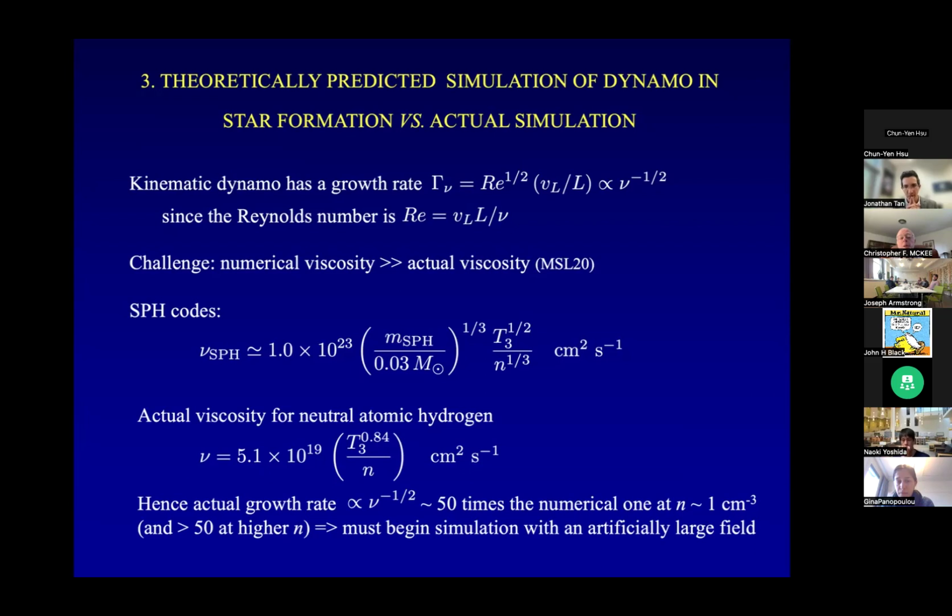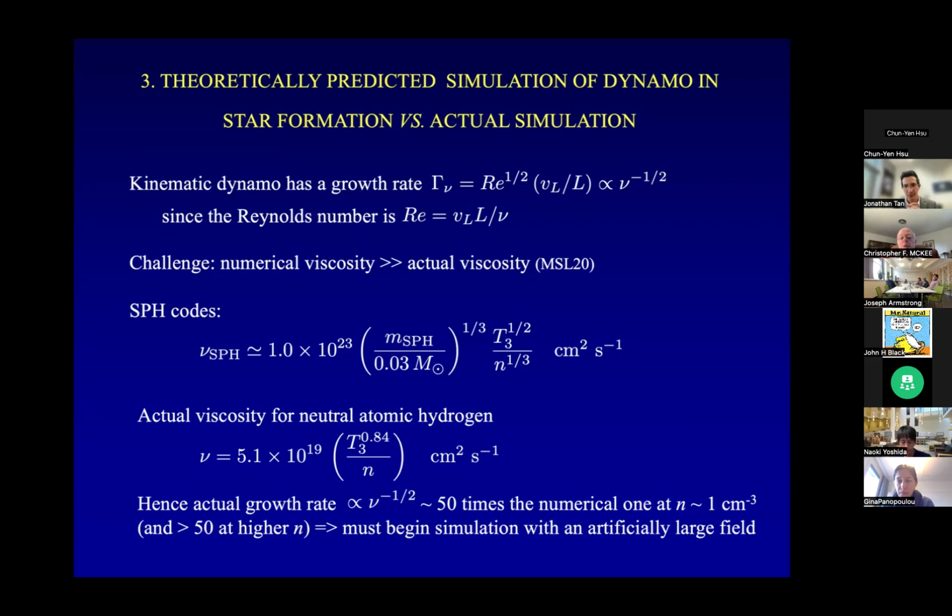And another important point is that the initial conditions for the first star formation are dominated by the gravitational potential of the dark matter halo, not by self-gravity, whereas, of course, in contemporary star formation, it's all self-gravity.